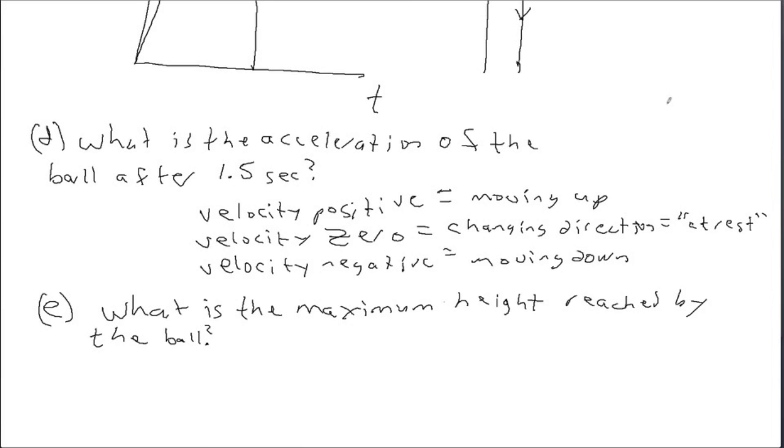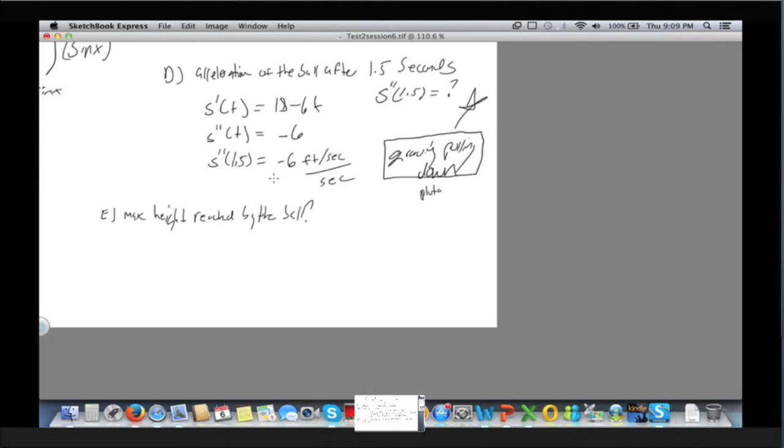Okay. Maximum height reached by the ball. So the maximum height is the peak when it's thrown, and the peak is when velocity is 0 and velocity is the first derivative or derivative of the function. So we're trying to solve this.